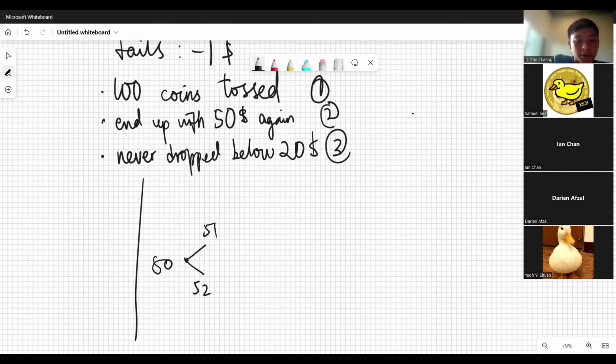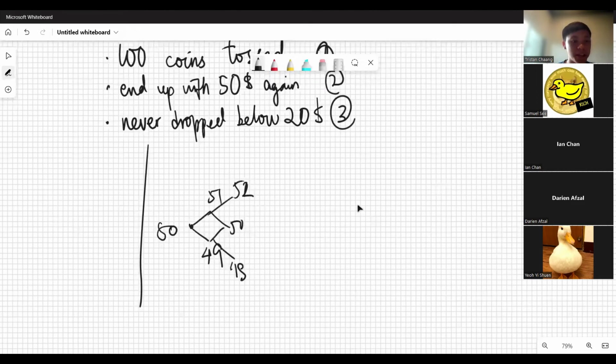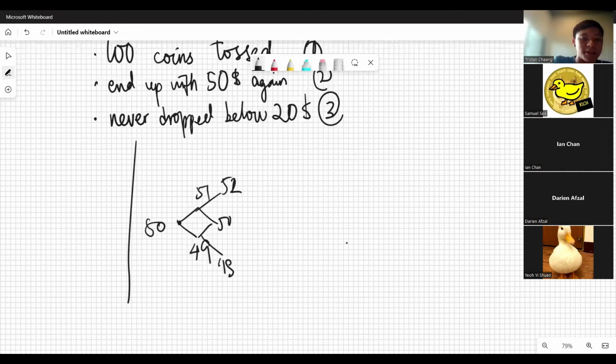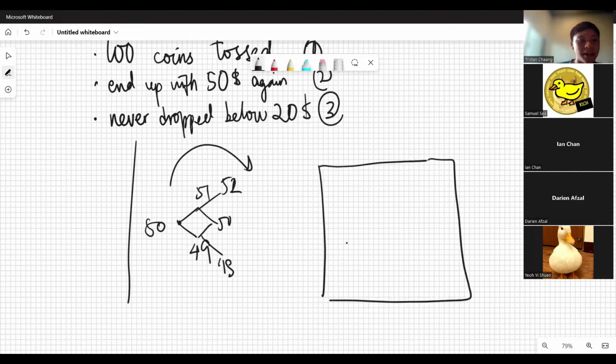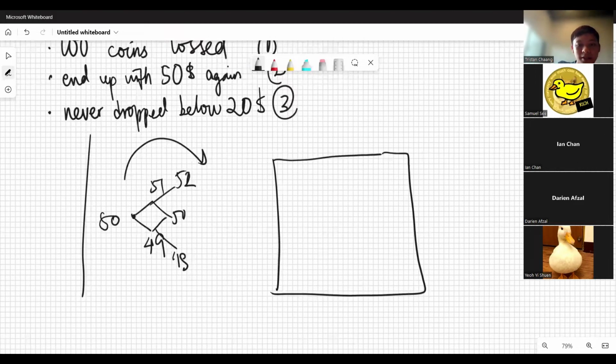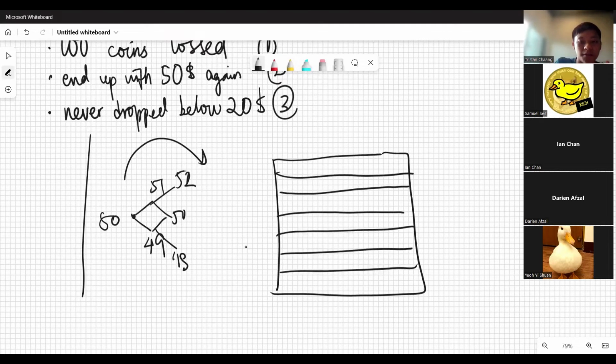And afterwards, this is 52, and this is 48. And you would get a spider web problem again. If I rotate it about 45 degrees clockwise, we get such a thing. We get a 50 by 50 square.